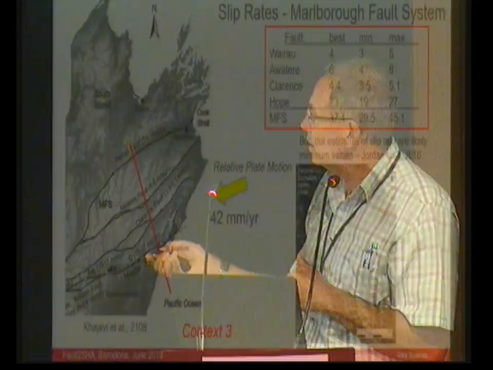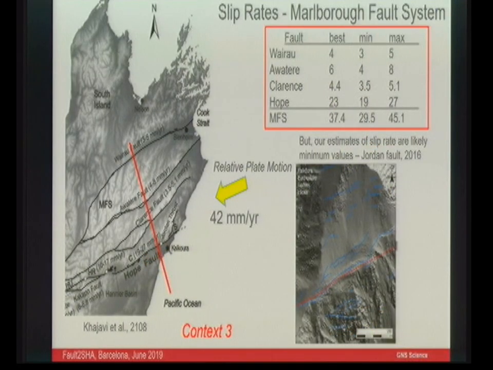Best estimate 4.4 millimetres per year, and on the Hope fault, 23. We get a best estimate of around, let's say close, well, it's a bit short of the 42, but not far short. The minimum's about 10 millimetres below, and the maximum slip rates inside the bounds are actually exceeding the plate motion across the Marlborough fault system.